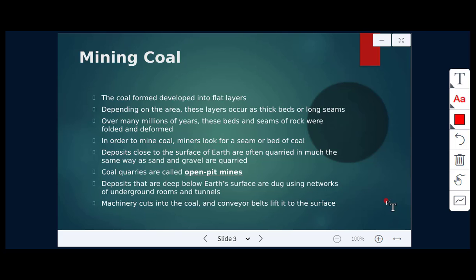There are sometimes deposits close to the surface of Earth that often get quarried in much the same way as sand and gravel would get quarried. Deposits that are deeper below Earth's surface are dug using underground rooms and tunnels. Machinery can cut into the coal, and then conveyor belts can lift it up to the surface. Coal quarries are called open pit mines.